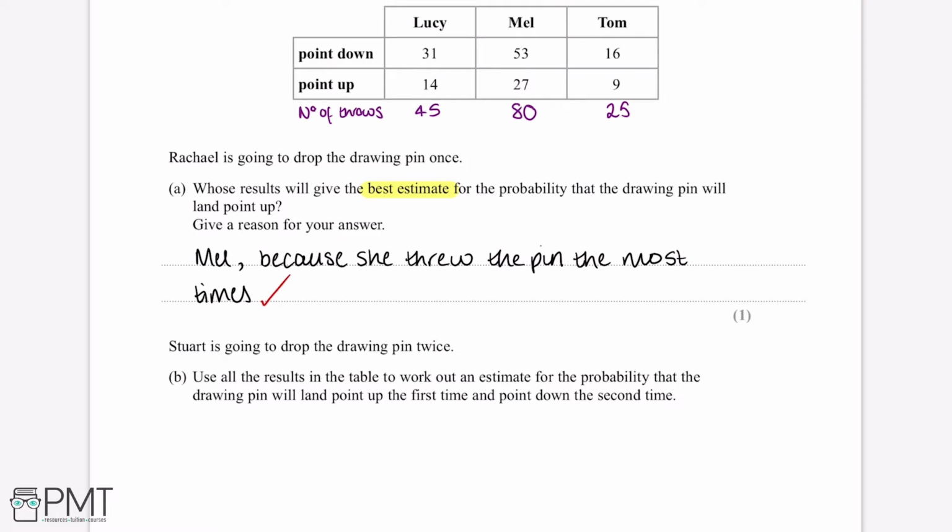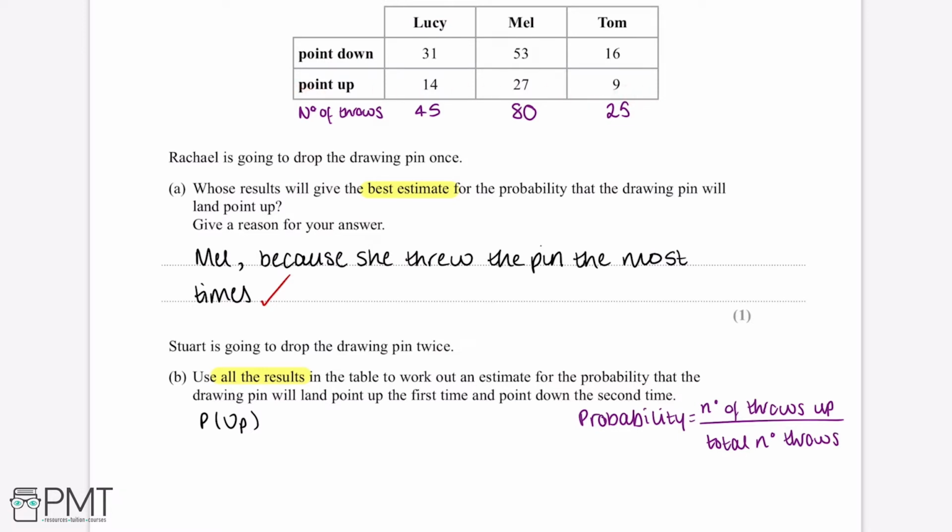So if we start off with the probability that the pin will land point up, because we're using all of the results in the table, our probability that the pin will land point up will be equal to the number of throws which landed point up divided by the total number of throws. The number of throws which landed point up is in this row here.